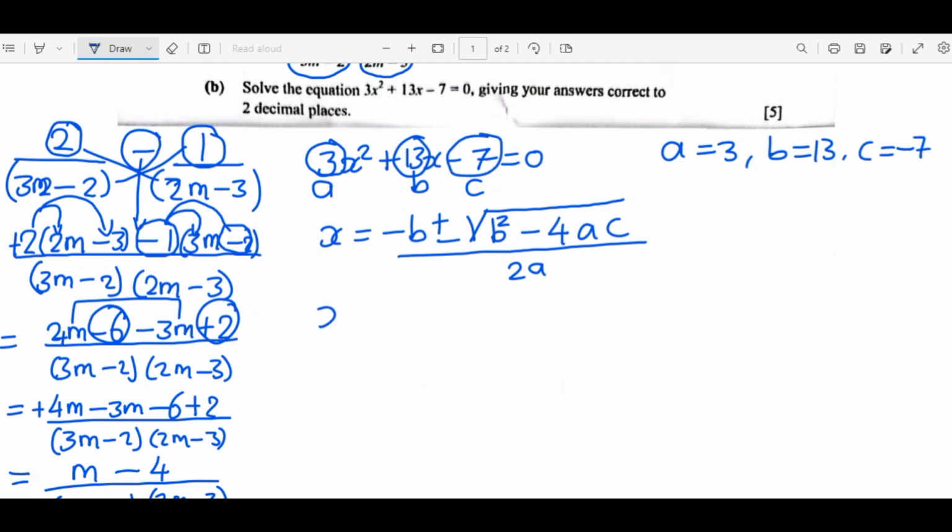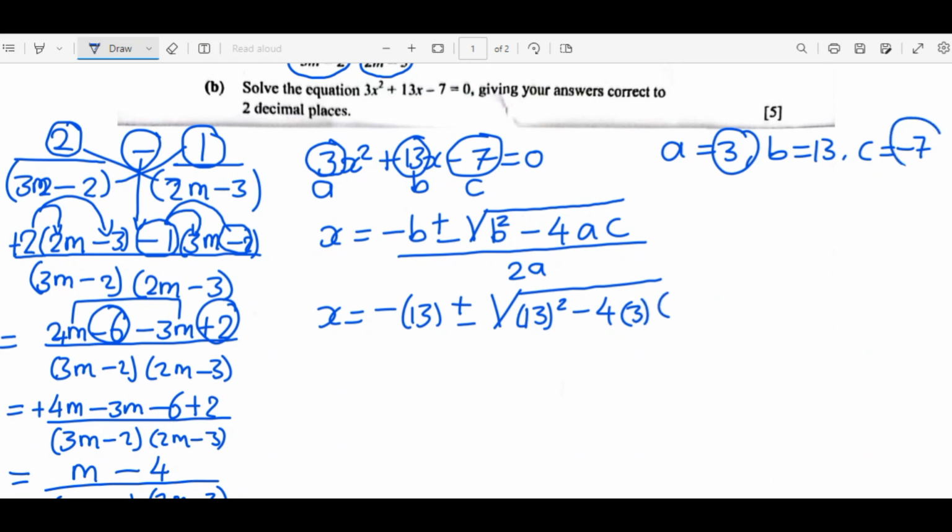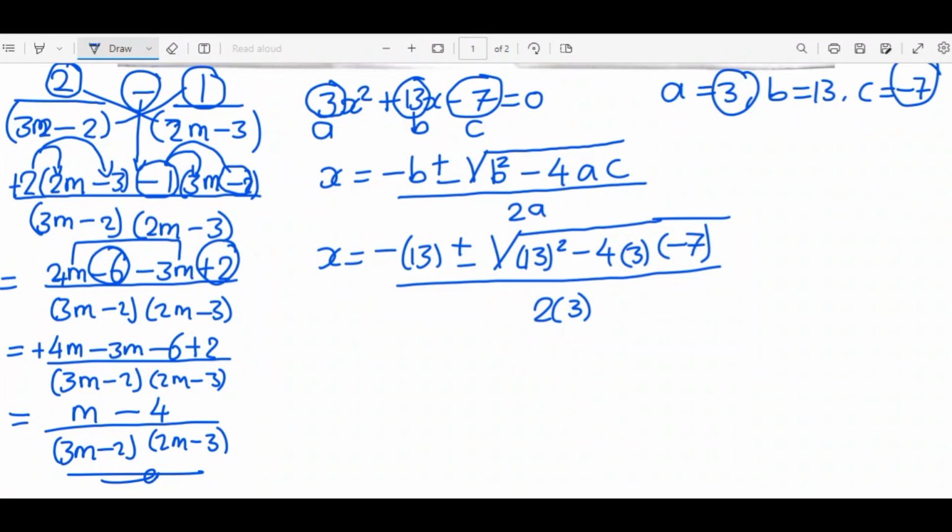Then we are going to plug in. The value of b is 13, plus or minus the square root of 13 squared minus 4. What's the value of a? 3. The value of c is negative 7, over 2 times 3. From this point up to the final answers, we need to just use the calculator.